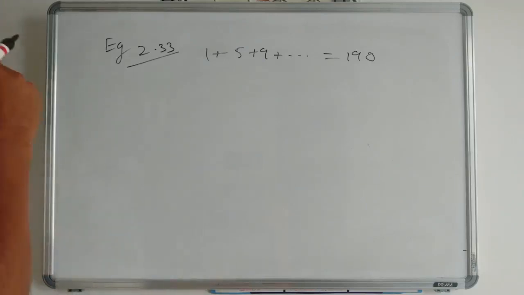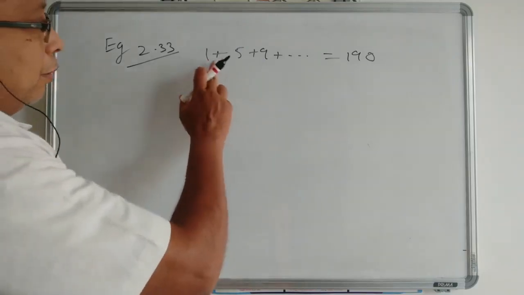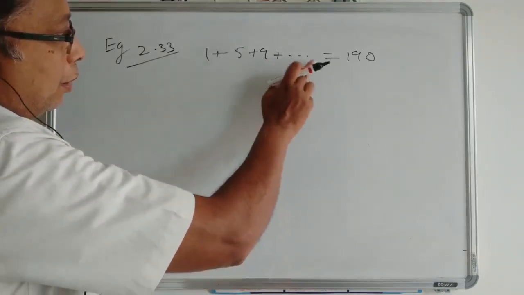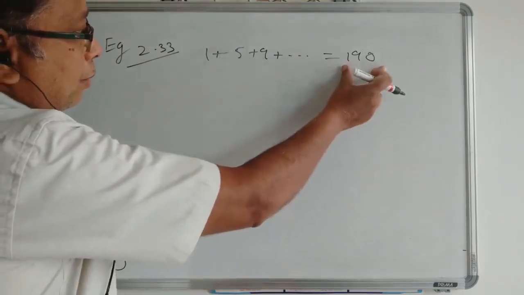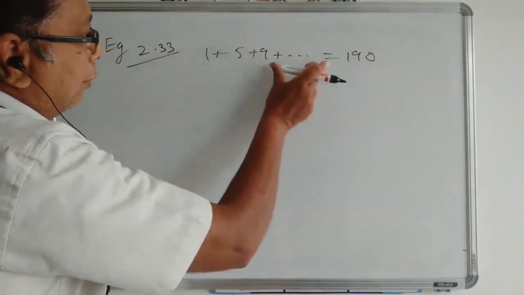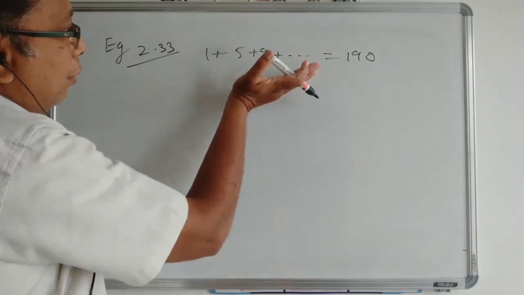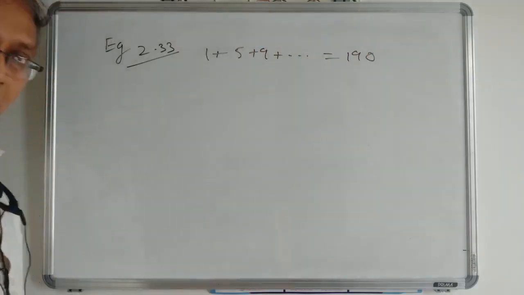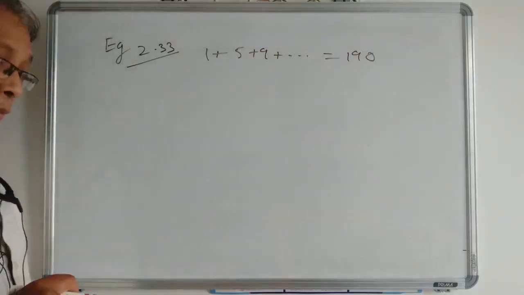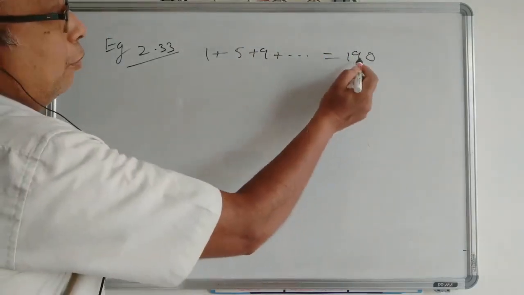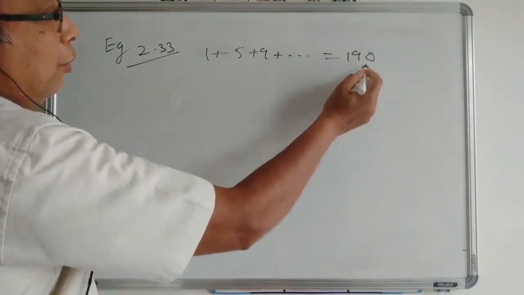Now you see, we add all the terms, the first term, second term, third term, 1 plus 5 plus 9 and so on, and we get the sum value 190. Therefore the question is asking how many terms.